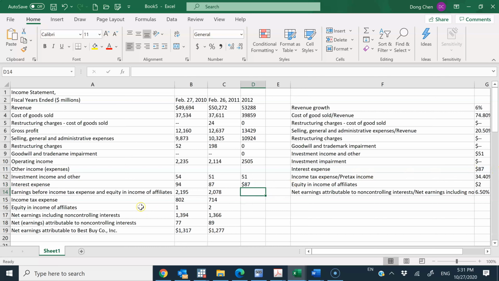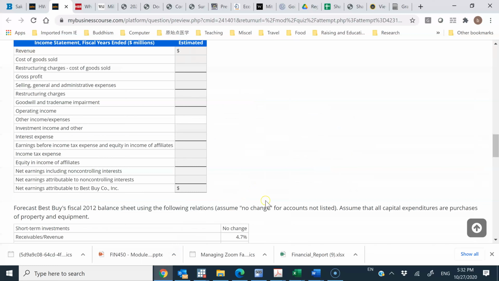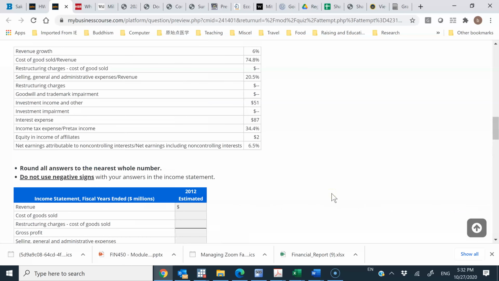So hence earnings before income tax expense. This is basically the operating income, and then we add the investment income, and then we deduct the interest expense. The reason we don't have a differentiation in terms of the signs on the income versus expense is because if you go back to the question, it says do not use negative signs with your answers in the income statement.